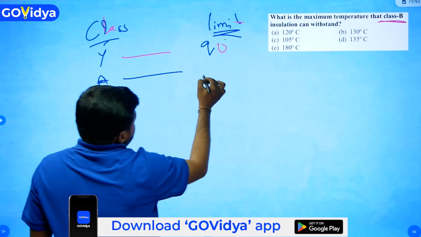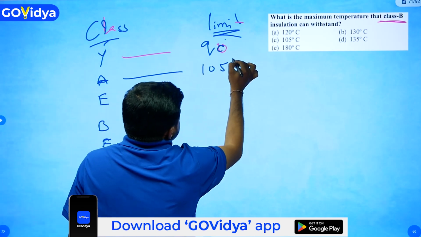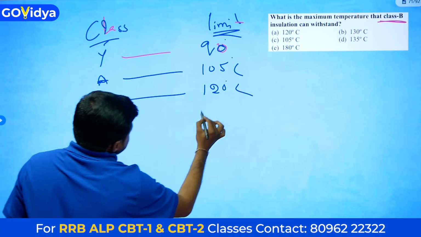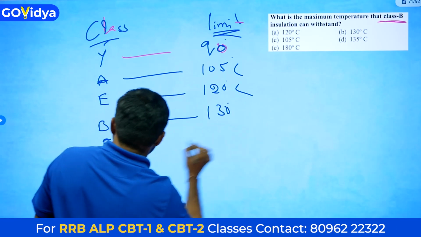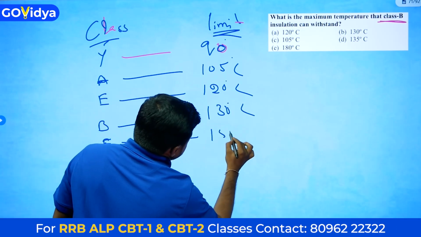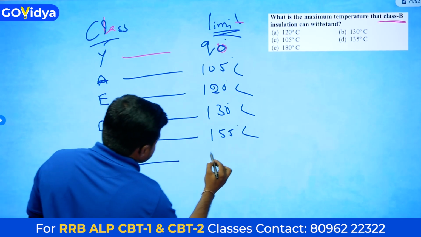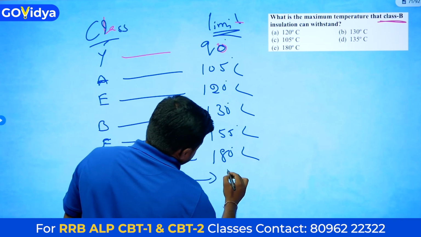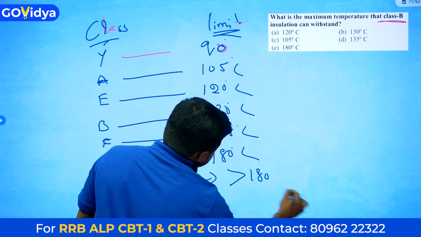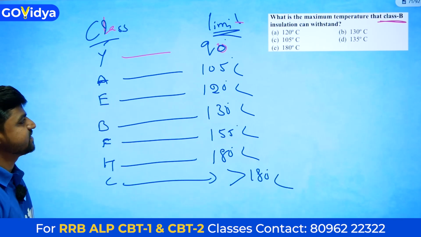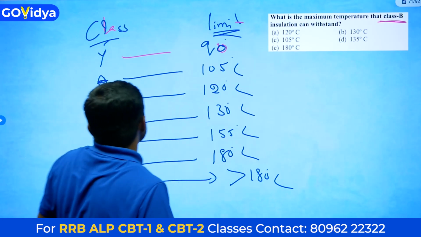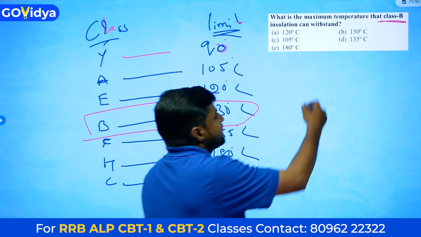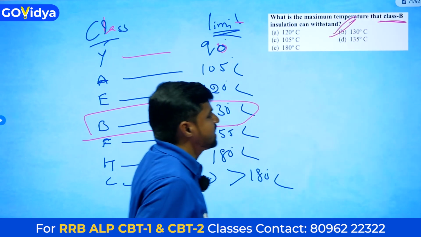Class A limit is up to 105 degree Celsius. E is 120 degree Celsius, B is up to 130 degree Celsius, F is up to 155 degree Celsius, H is up to 180 degree Celsius, and C is greater than 180 degree Celsius. They are asking about class B, which is up to 130 degree Celsius, cannot exceed 130 degree Celsius. Option B is the correct answer.